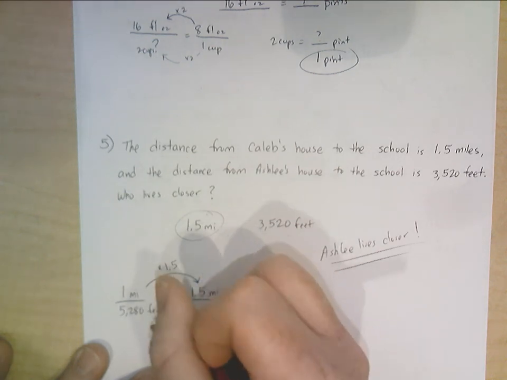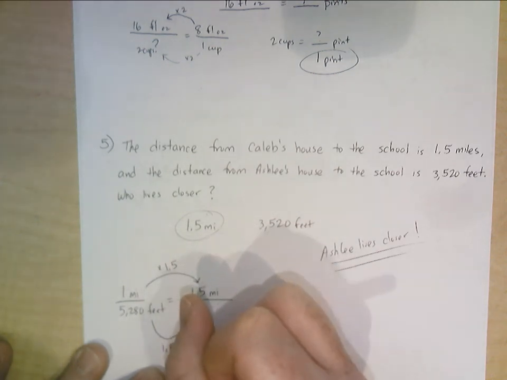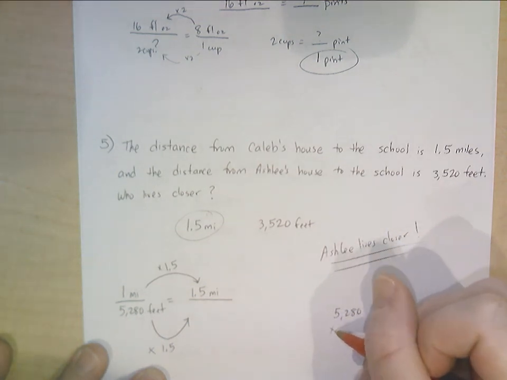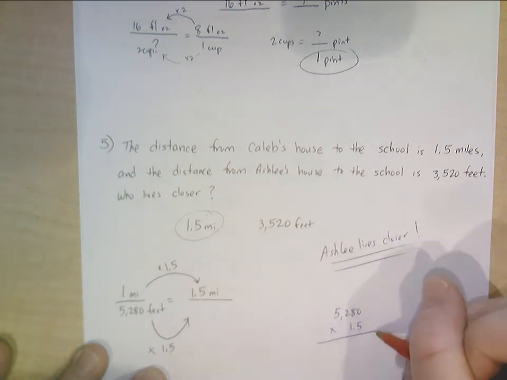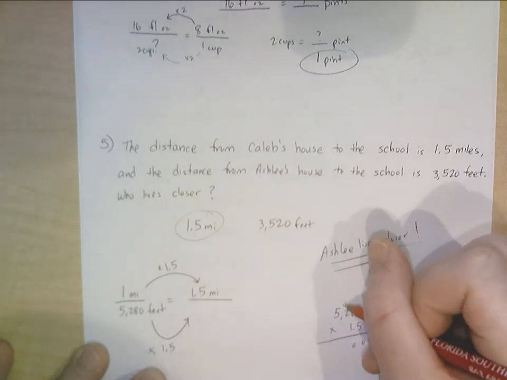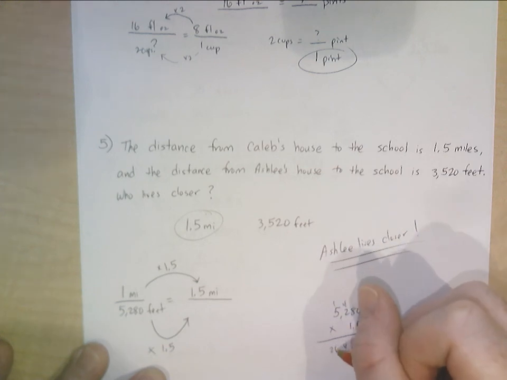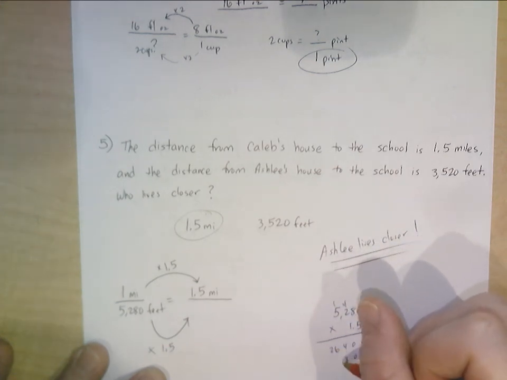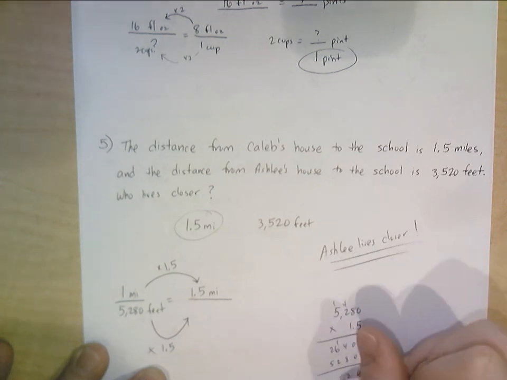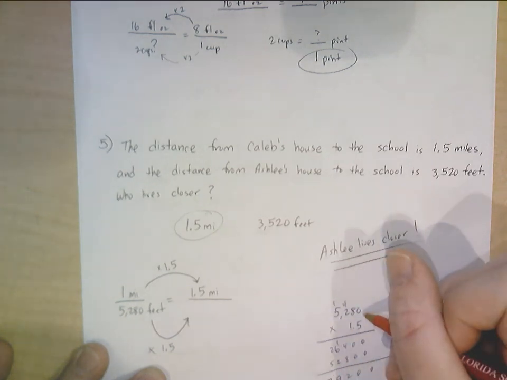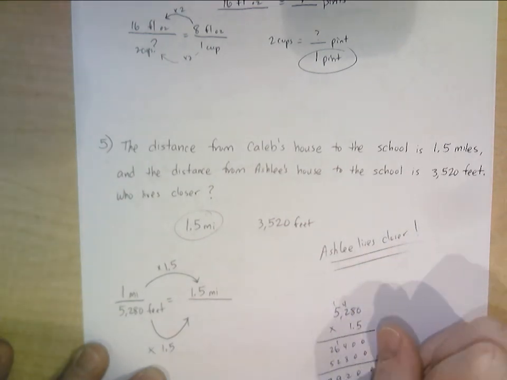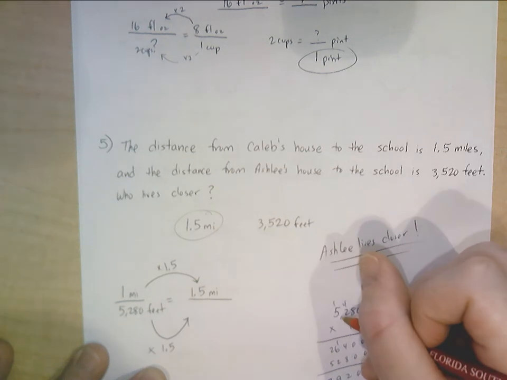If I multiply the top by 1.5, I'm going to multiply the bottom by 1.5 as well. Oh, I'm sorry, this is not a decimal.